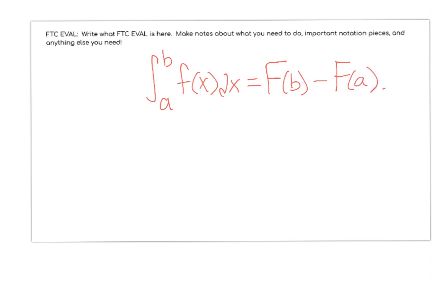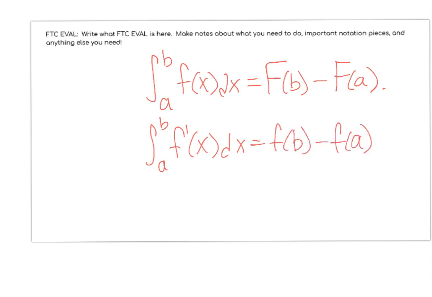In terms of derivatives, if I want to write this in that way, that's totally fine, the integral, so the area under the curve from a to b of some derivative, is going to be equal to that function evaluated at b minus that function evaluated at a. And that's the first thing that we have that connects this new idea of area under curves to derivatives.